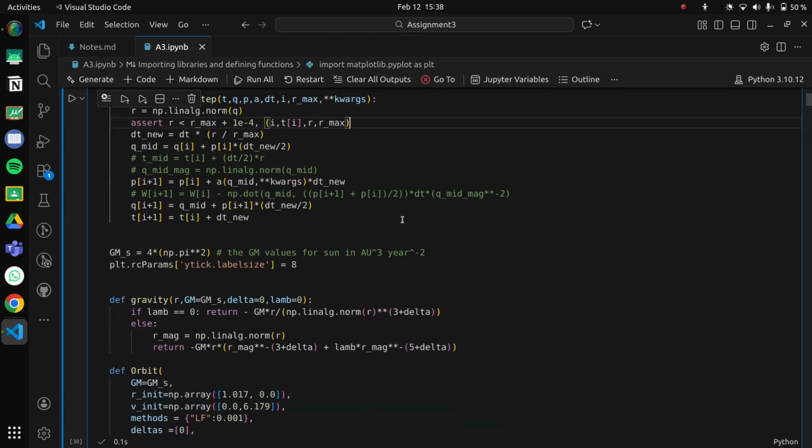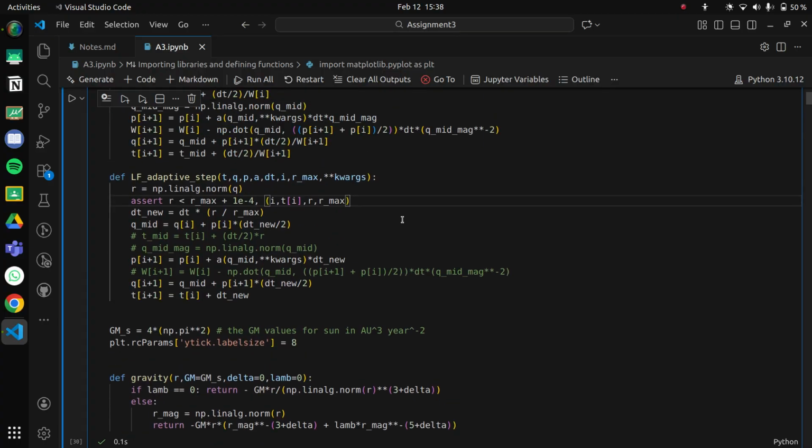Did I actually use that? I mean, I did, as otherwise why would I have this weird assertion? Rmax is the correct value that we set.